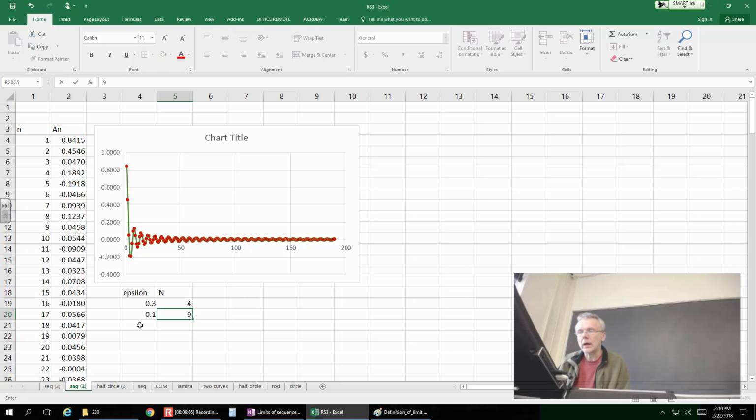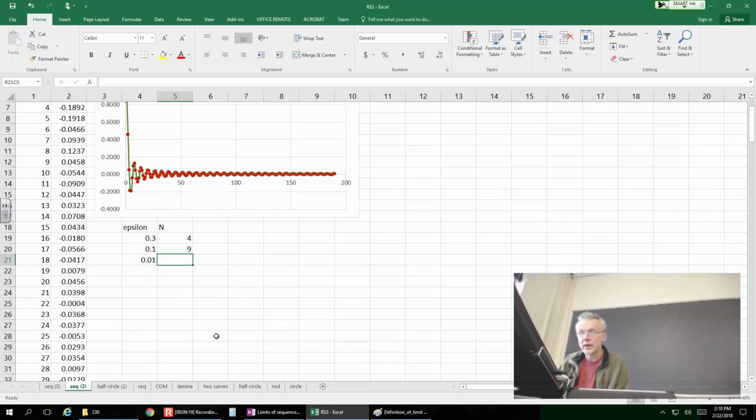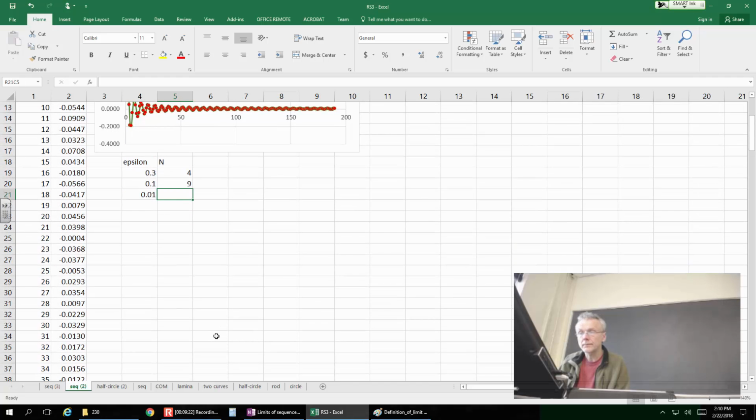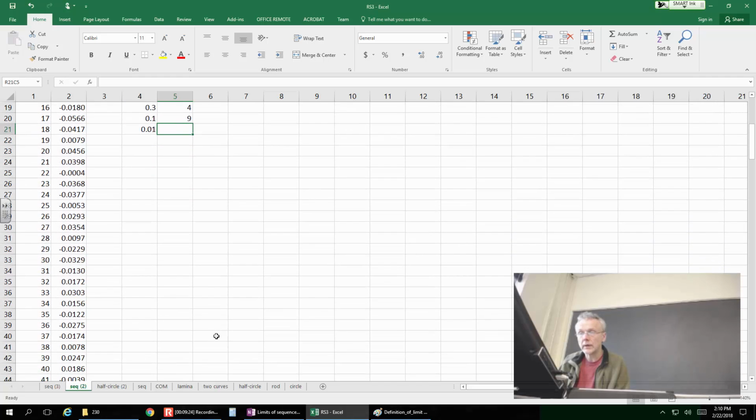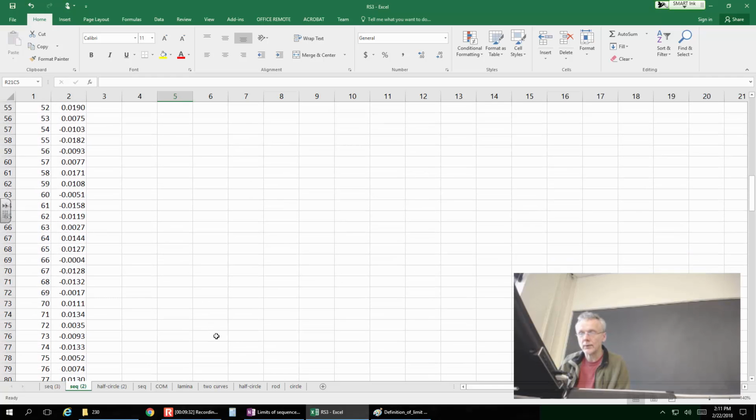Okay, 0.01. Scrolling. As you can see, all of these are bad numbers. They do not fit. So where does it start to fit for the first time? Well, I'm still looking for it. I'm not sure I have enough data. Okay, I think this finally is starting to be consistently below.